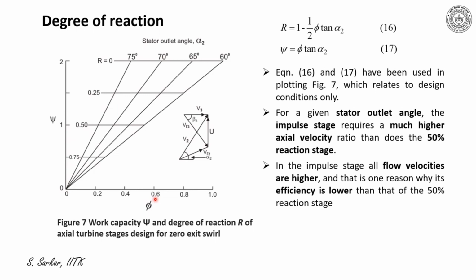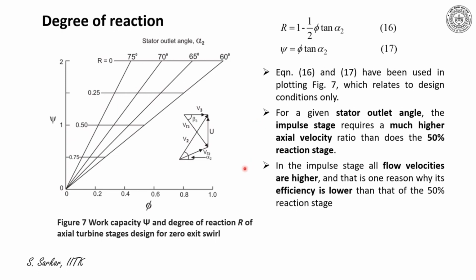However, if we take a 70 degree stator outlet angle and degree of reaction is 0.5, then phi would be around 0.3. So from this plot, it is very clear that impulse stages require a much higher axial velocity ratio than 50% reaction machines.